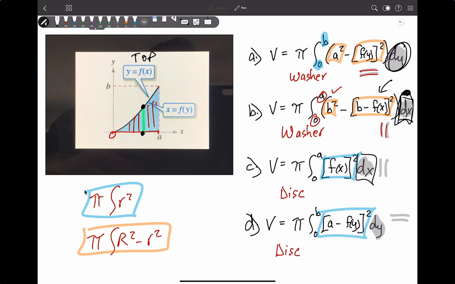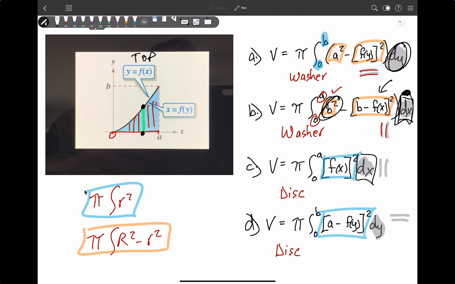So this one's asking b squared is the top one. This one's a little bit different because that's not what's going on here. I don't have my top function as being b squared. It doesn't show that here.